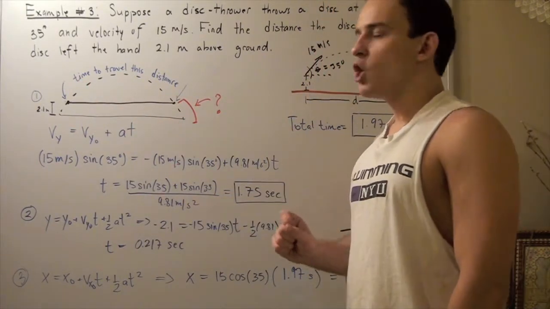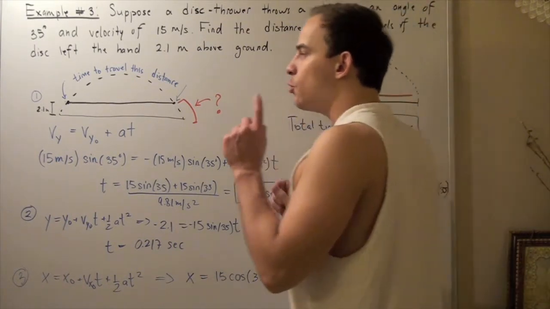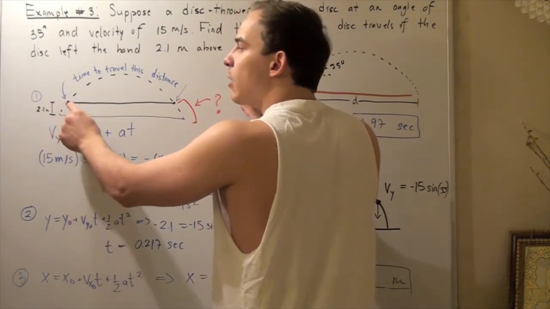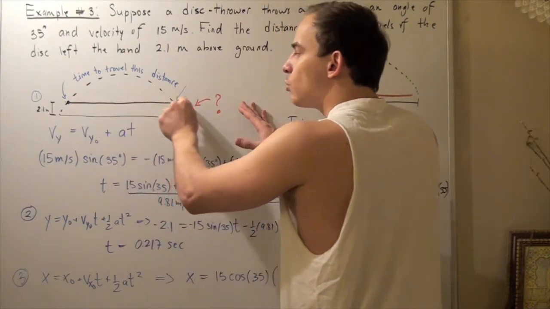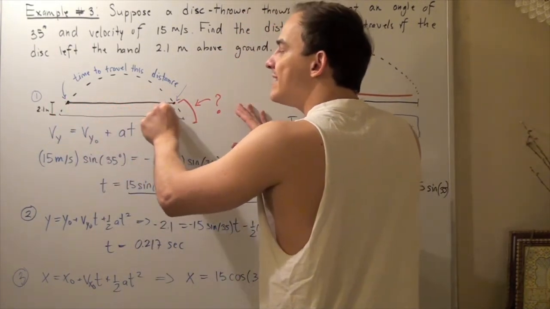In step 1, we're basically going to make the following assumption. We're going to assume that this point, 2.1 meters above the ground, is our initial point. And we're going to make the assumption that this line represents our ground. So at this point, our height is 0.